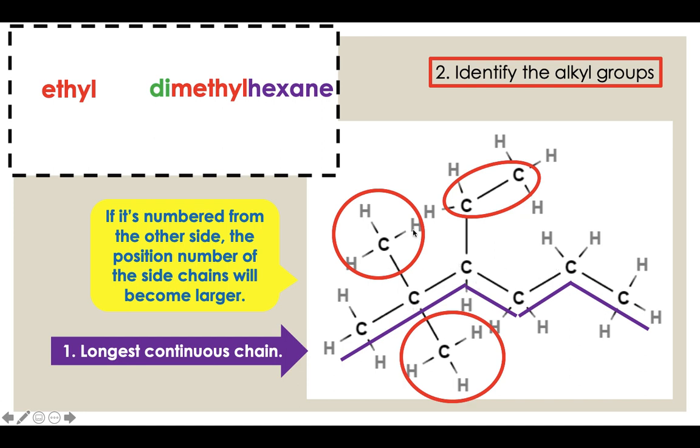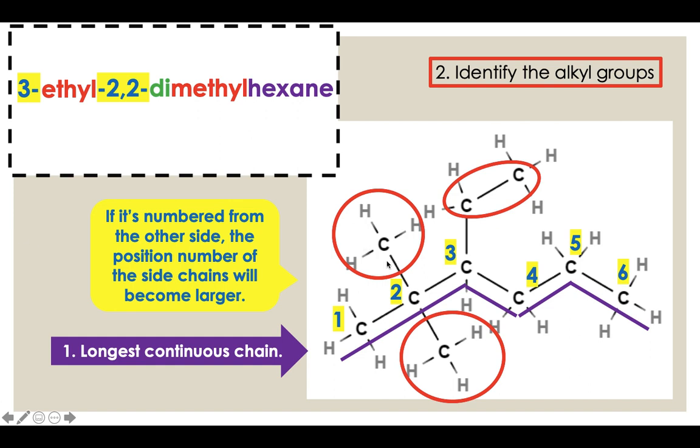Okay, so 2 is better than 5. We have to keep the position numbers of side chains the lowest overall. And therefore our positions would be 2, 2, and this one is on the third carbon. So it's 3-ethyl, 2,2-dimethyl.